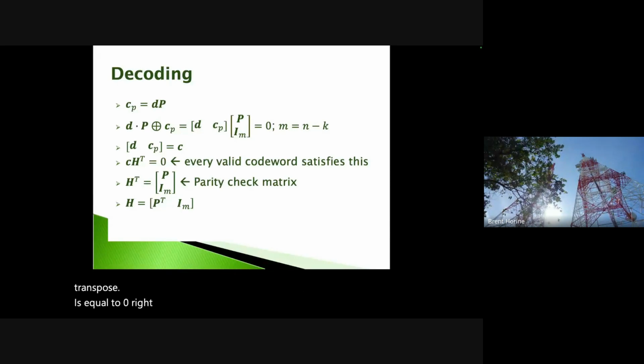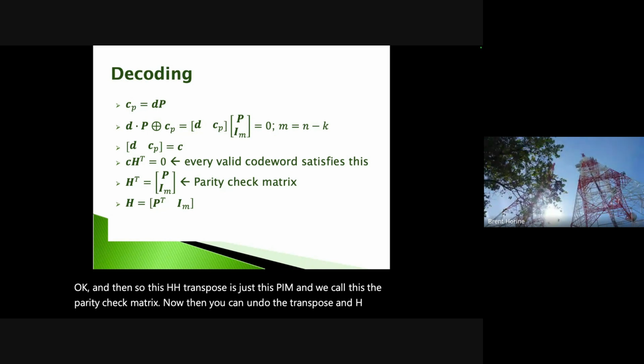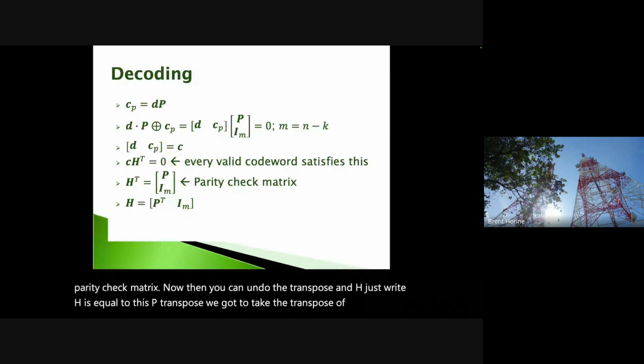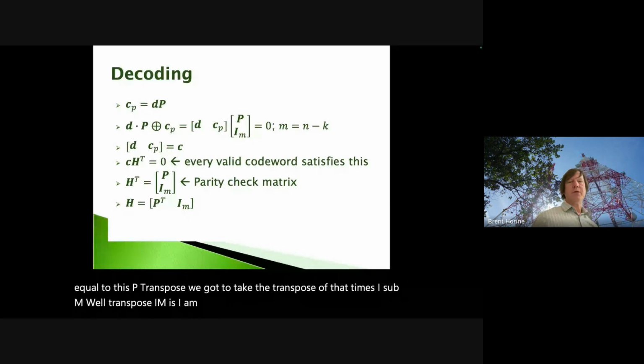We just substituted in some things and renamed this matrix H transpose. So every valid code word satisfies this. This H transpose is just this P over I_M. We call this the parity check matrix. Now you can undo the transpose, and H is equal to this P transpose next to I sub M, since the transpose of I_M is I_M, right? So, all right.